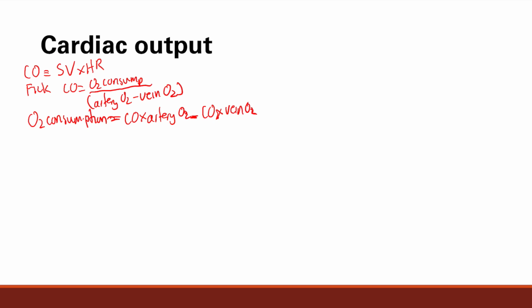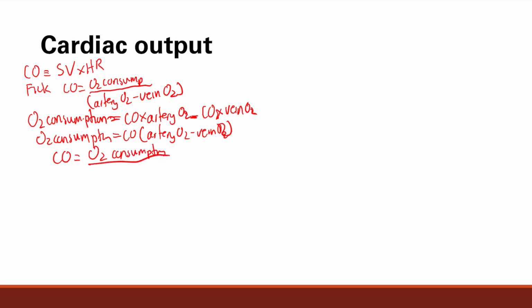You just isolate cardiac output, and then you can get the usable Fick principle. So we isolate cardiac output, and then we isolate it again. And now, voila, that is the Fick principle.